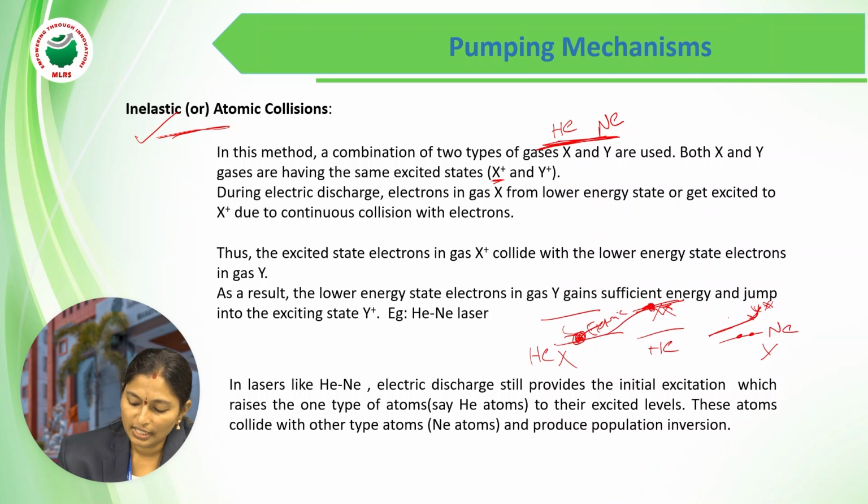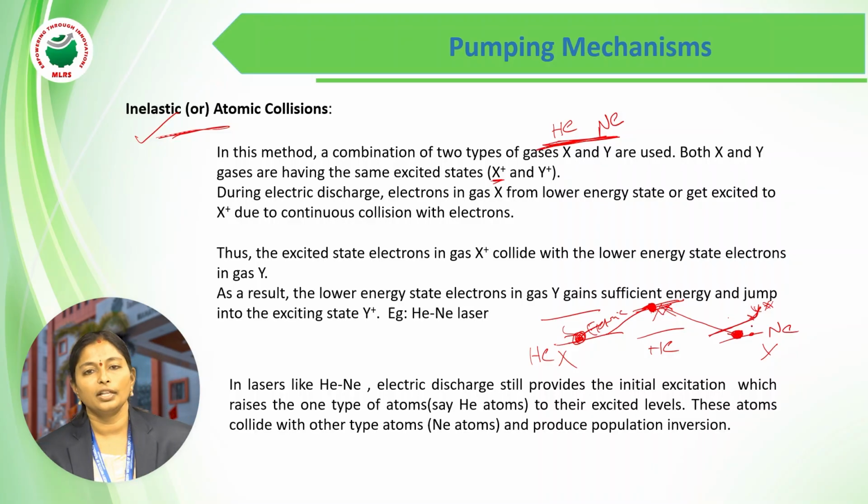So this excited helium atom is going to collide with the ground state neon atoms. As a result, what is going to happen?